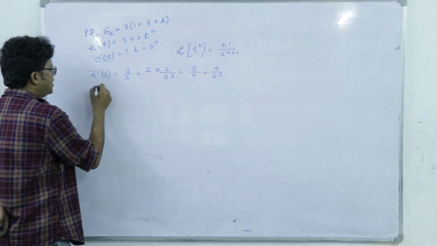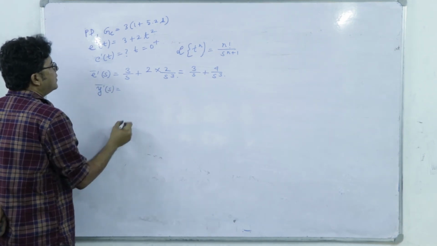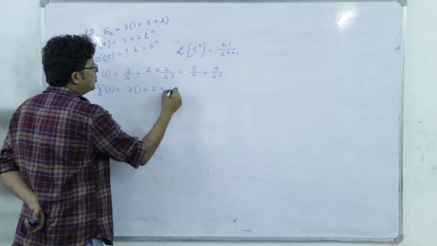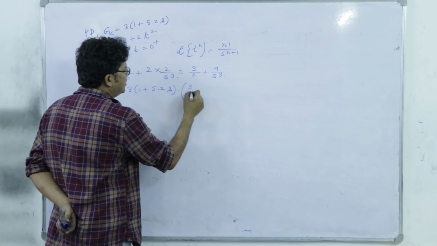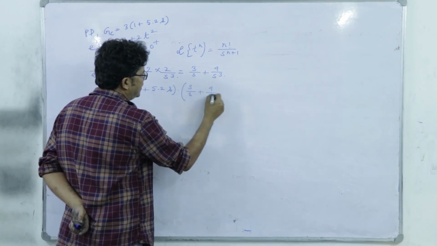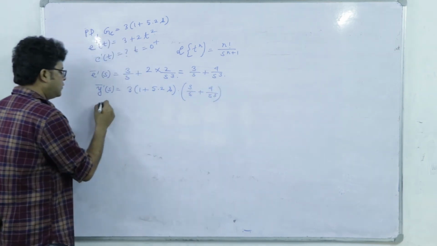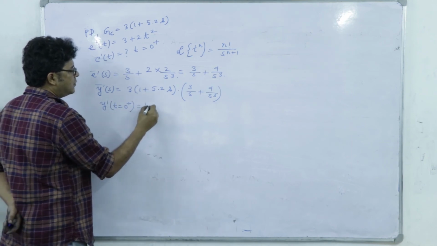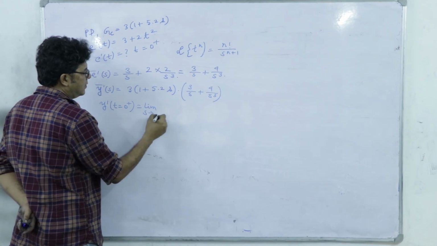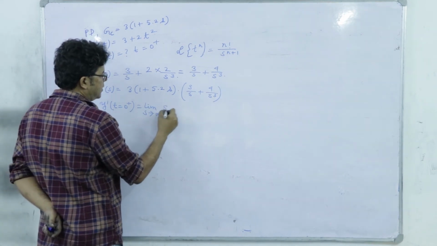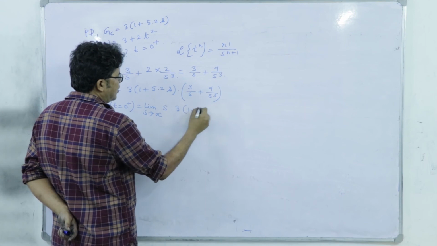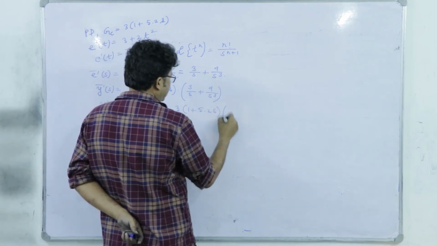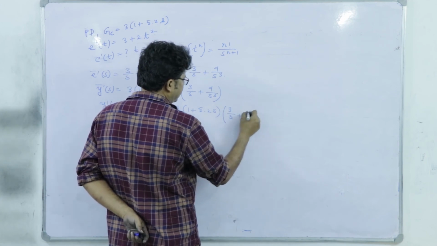Essentially Y prime bar s is equal to 3 (1 plus 5.2 s) into 3 by s plus 4 by s cube. And we have to solve for what? Y prime at t equal to 0 plus. So we can apply the initial value theorem: s into 3 (1 plus 5.2 s) into 3 by s plus 4 by s cube.